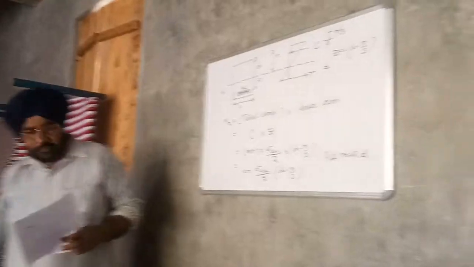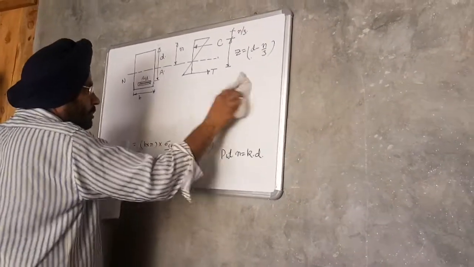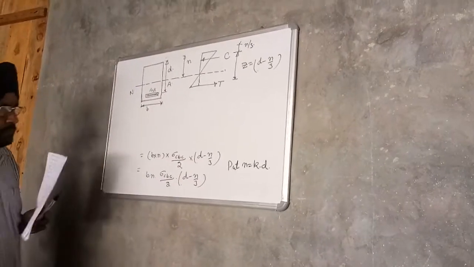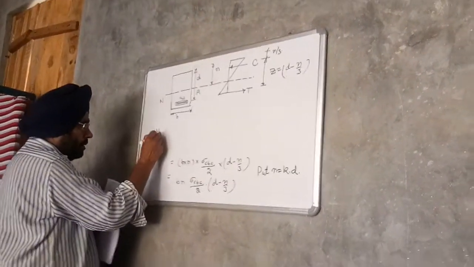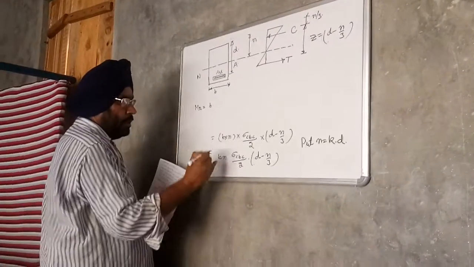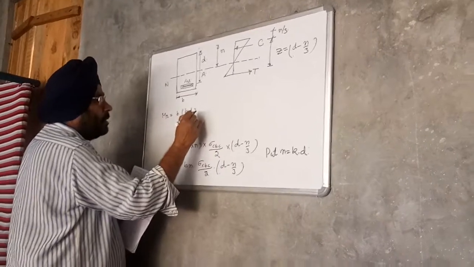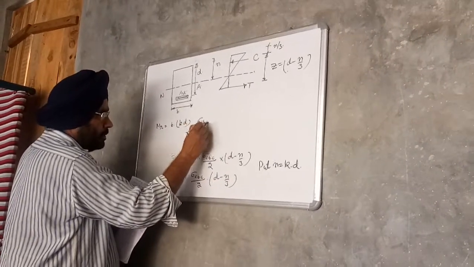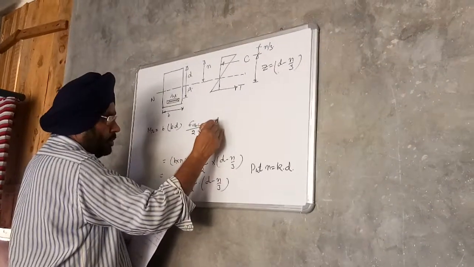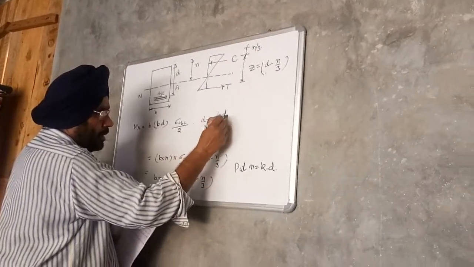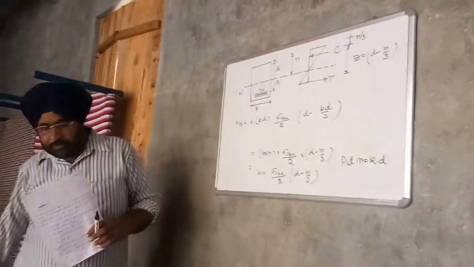So our equation for the moment of resistance becomes b into kd into sigma cbc by 2 into d minus kd by 3.